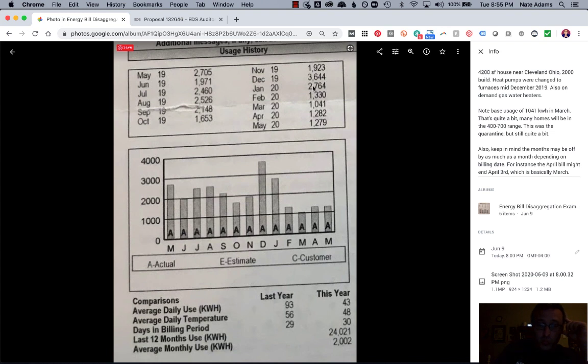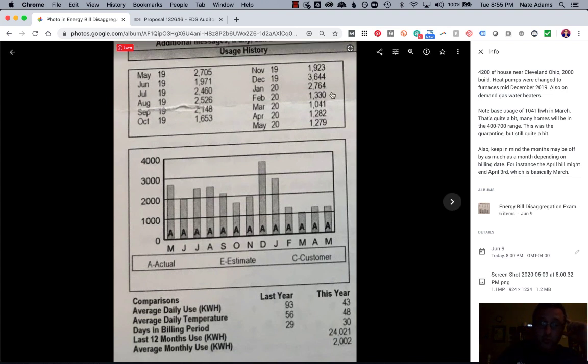So this 2,700 here, this is what their house was using. This is not HVAC. Because they switched to basically a Navien. It's an on-demand water heater and 2 furnaces, and the air conditioners are air conditioners, not heat pumps. So we know that all of that gas usage went away for January.